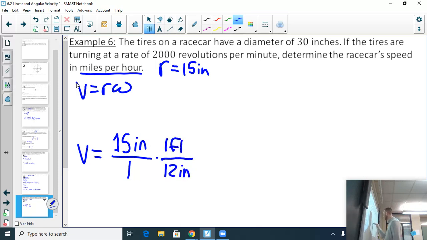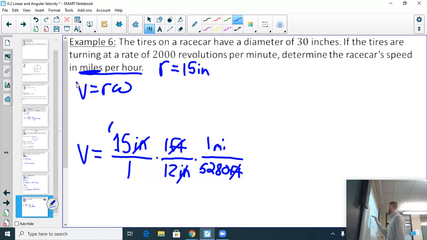And then there are 5,280 feet in 1 mile. So that puts us in miles, which we want, because inches are going to cancel and feet are going to cancel, and we're going to be left with miles. That's going to convert our radius to miles.